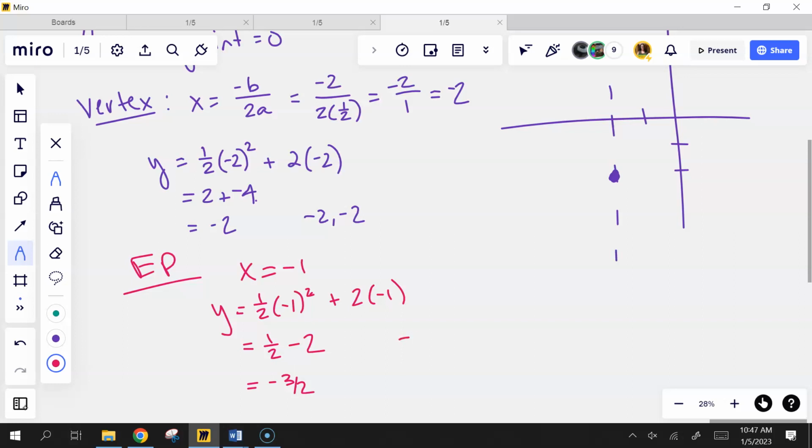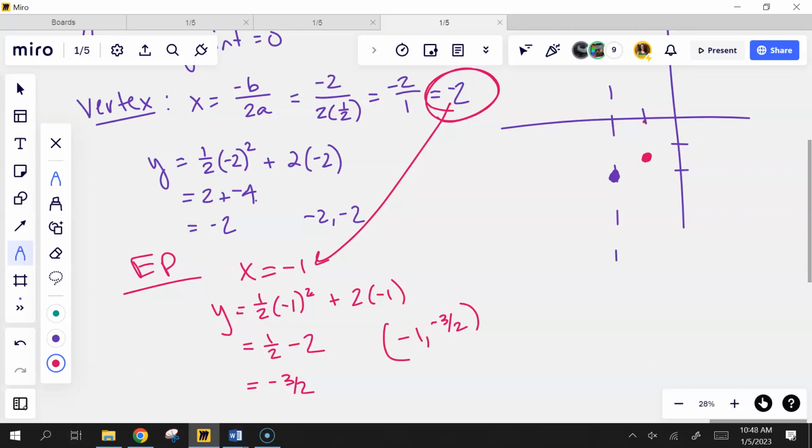So this point is negative 1, negative 3/2. I looked at where I started with the vertex, and I just came one beside it. Negative 1, negative 1.5 would be here.